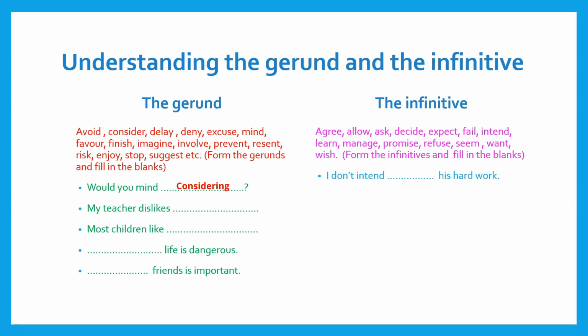The answer would be to refuse. I don't intend to refuse his hard work. So that could be an apt answer to make an infinitive. And please carry on with the other examples by yourselves. Dear students, if you are attentive, I am very sure it's very easy for you to understand.